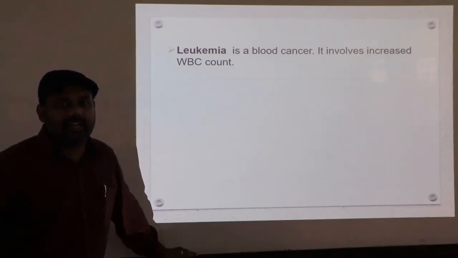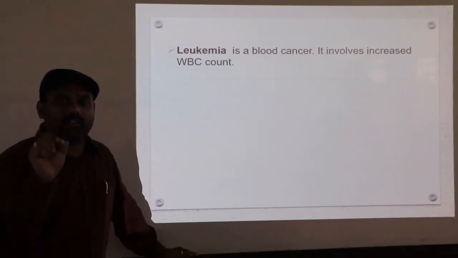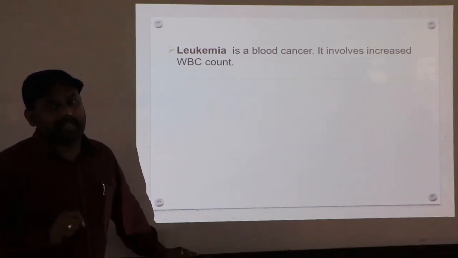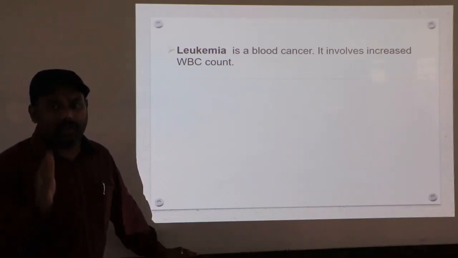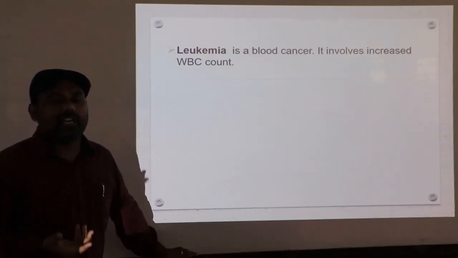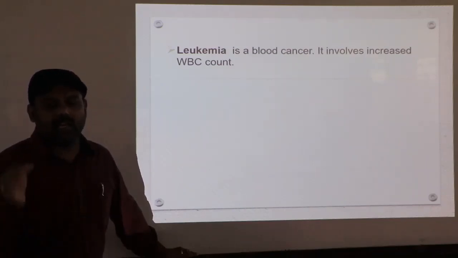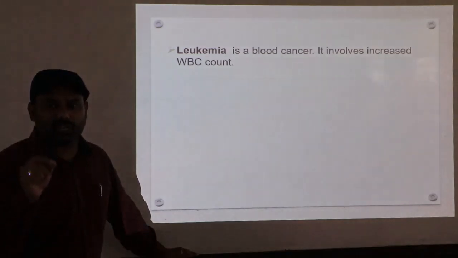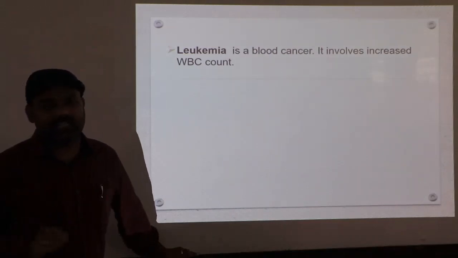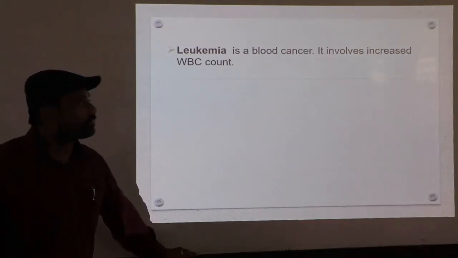But the thing is that only when there is a random increase in the WBCs is it considered blood cancer. In case of blood, if there is excess growth of RBCs, you should not call it cancer. Leukemia means exclusively an increase in the number of WBCs. Then only it is considered leukemia.